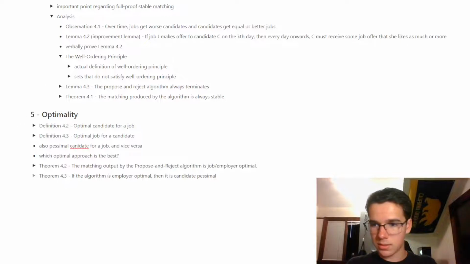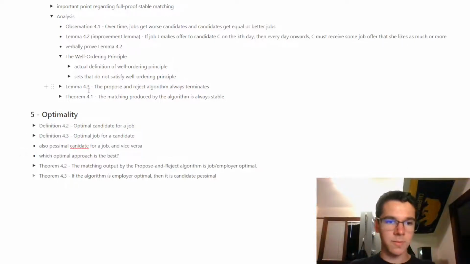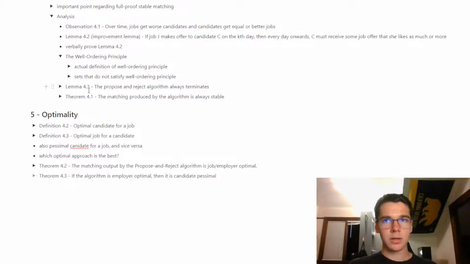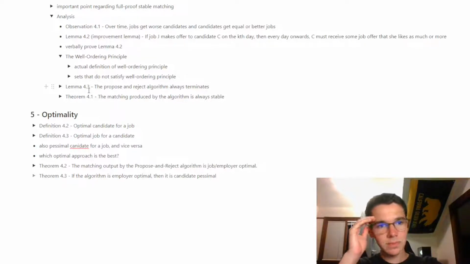Sorry, give me one second. Okay, so we were on lemma 4.3, so the propose and reject algorithm always terminates. As we said, there are n jobs and n candidates. If a job has made a proposal to every candidate, then that means that n proposals have been made.